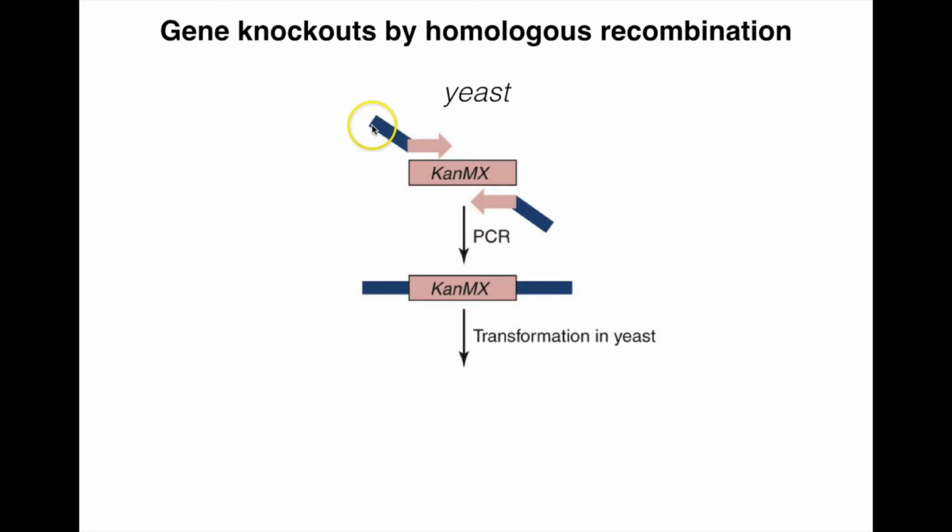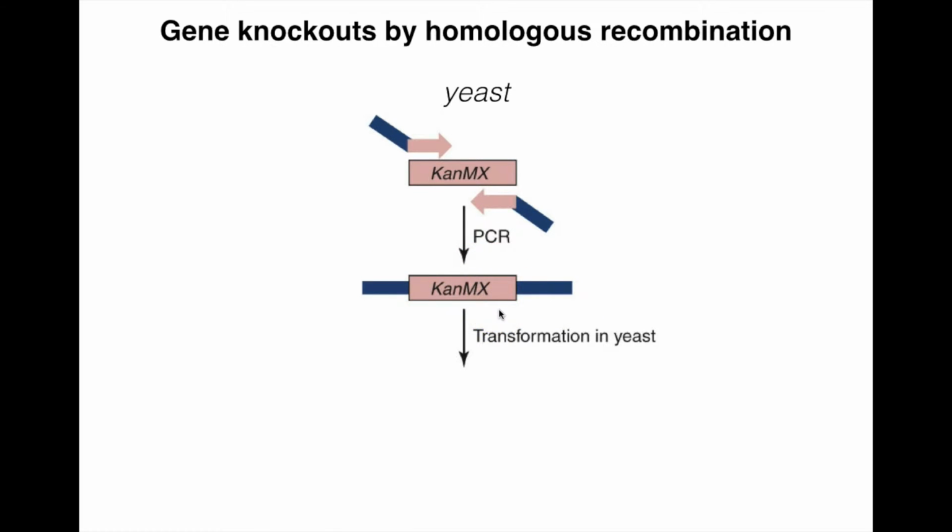And that's the key here. So it's not just that we're PCRing our kanamycin, we're replicating the kanamycin gene with a bit of homologous sequence. So we're engineering a new bit of DNA here, and what that winds up looking like is here where we've got our little homologous sequence and our kanamycin gene.